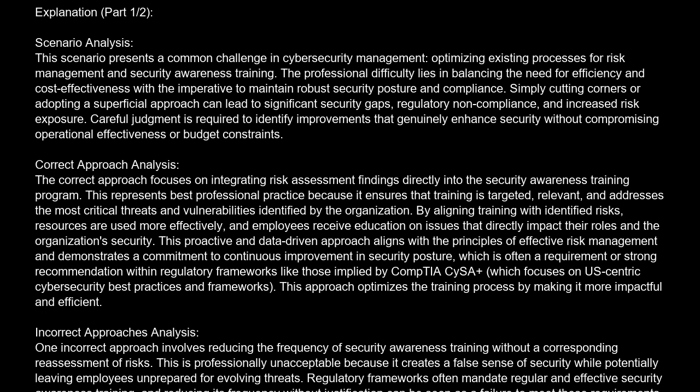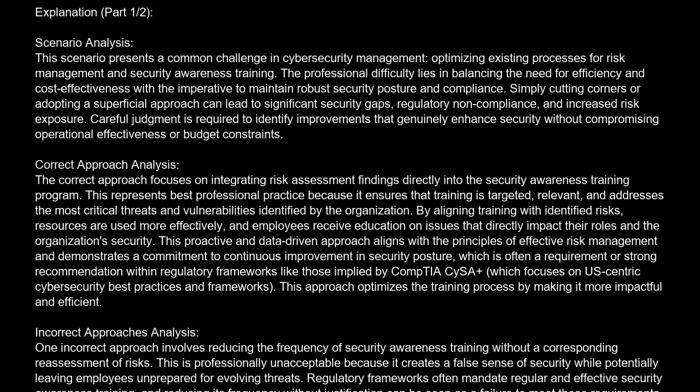Simply cutting corners or adopting a superficial approach can lead to significant security gaps, regulatory noncompliance, and increased risk exposure. Careful judgment is required to identify improvements that genuinely enhance security without compromising operational effectiveness or budget constraints. Correct approach analysis. The correct approach focuses on integrating risk assessment findings directly into the security awareness training program.